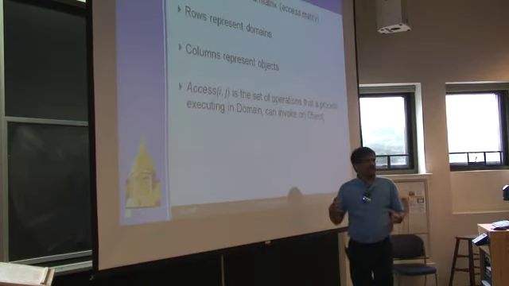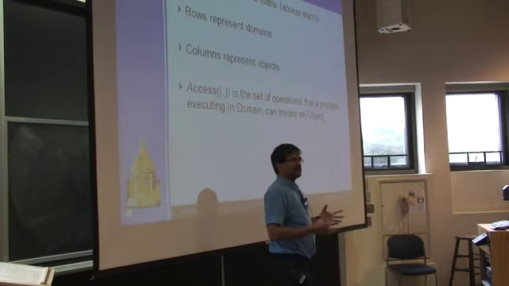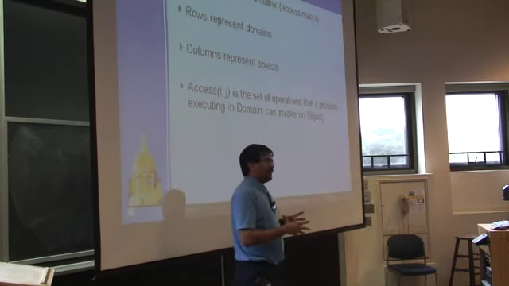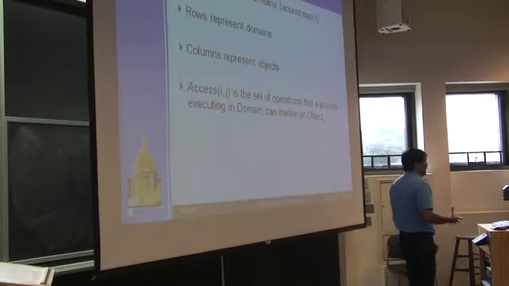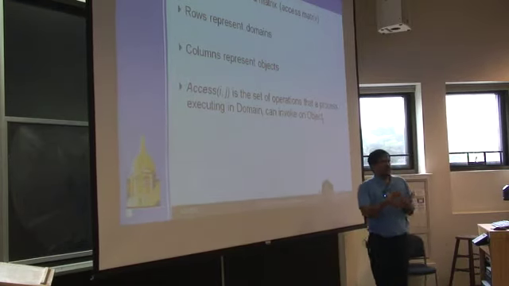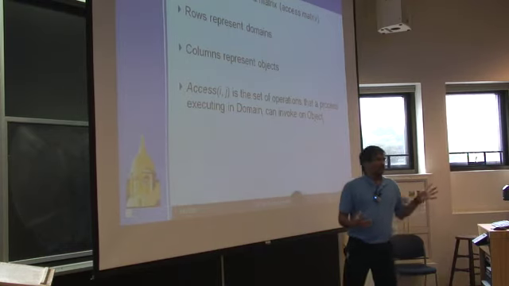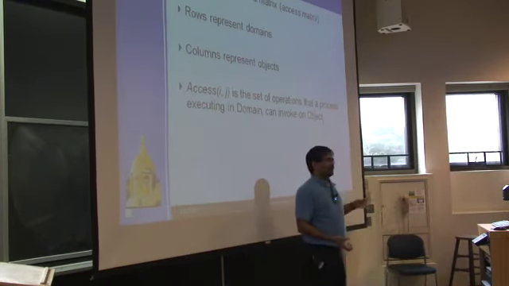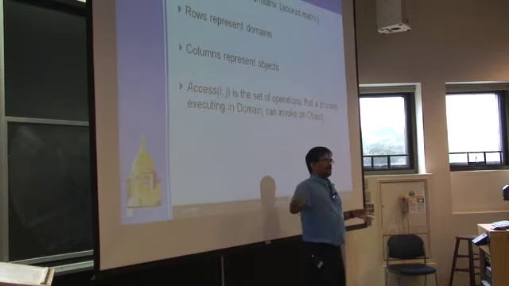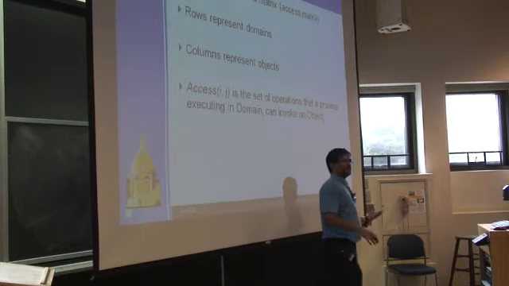So to understand all this, you have the notion of an access matrix, right? Which essentially articulates all the things I was talking about. The idea here is, you think of the different domains, which in the case of Unix are the users. Think of each domain and think of all the objects. Then you figure out what set of things all these domains can do.